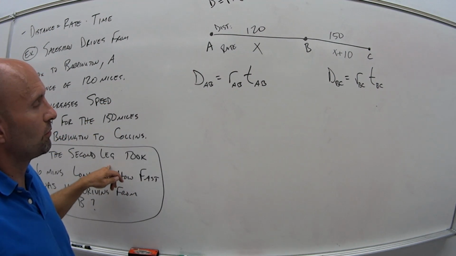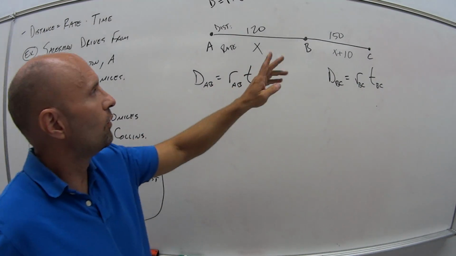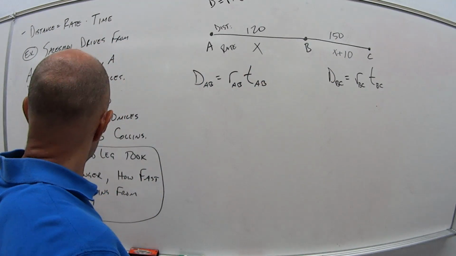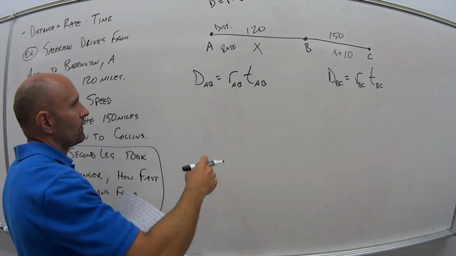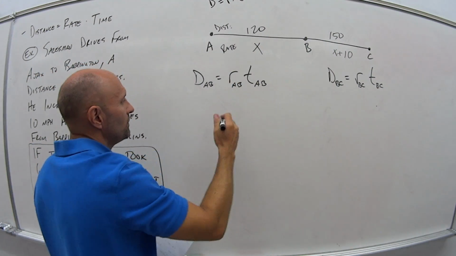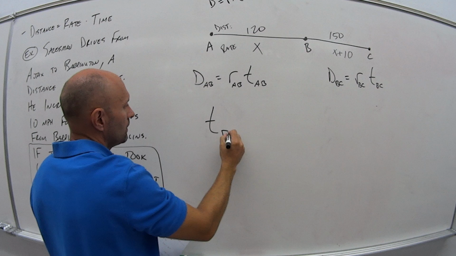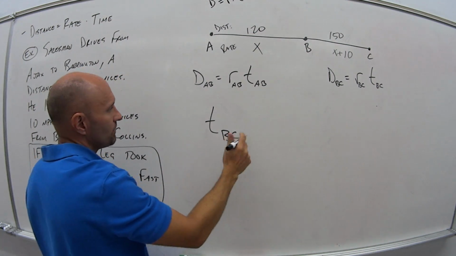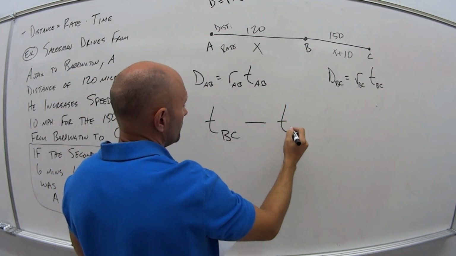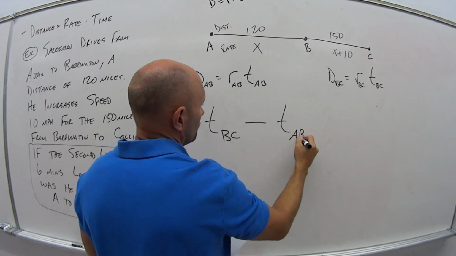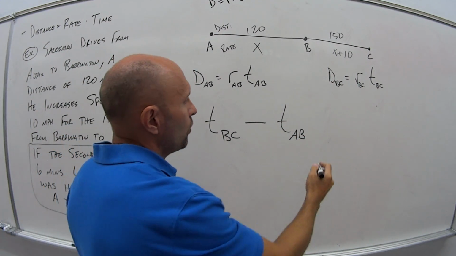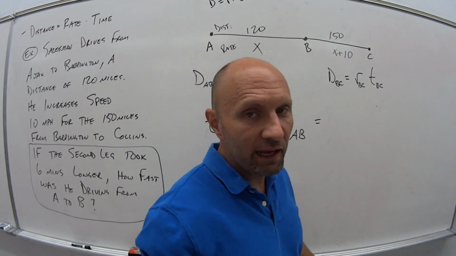Again, if we go back to the relationship, we know that B to C took 6 minutes longer, so the time for BC is bigger. So the time from B to C minus the time from A to B is equal to what? Well, this is where we have to be careful.